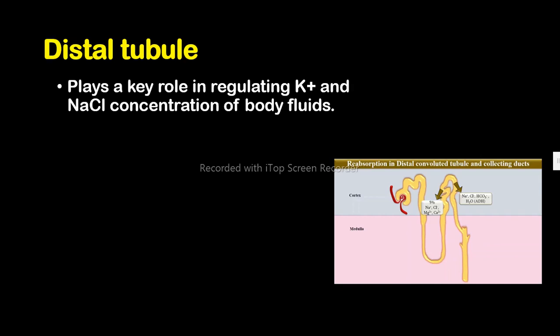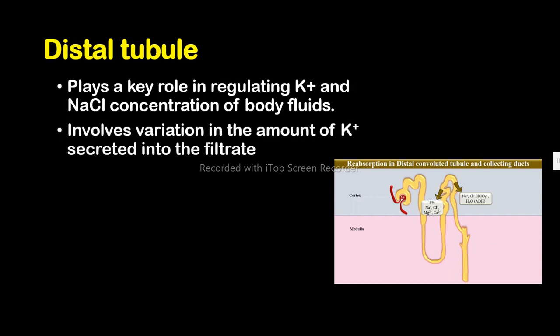Now this is actually where the concentration of urine is determined. How much potassium ions are you going to release out? How much sodium ions are you going to retain in the body?